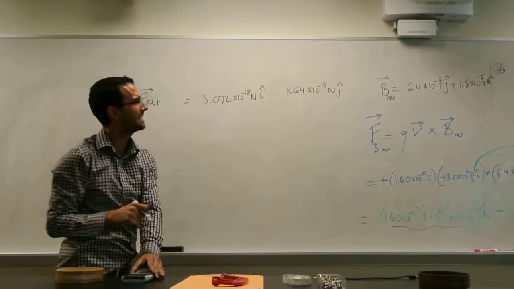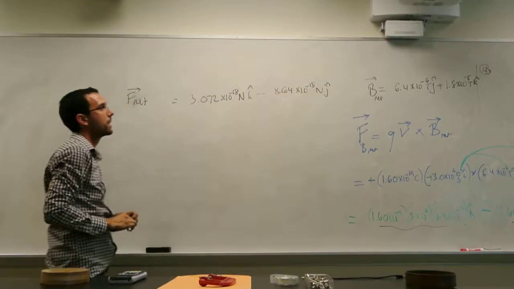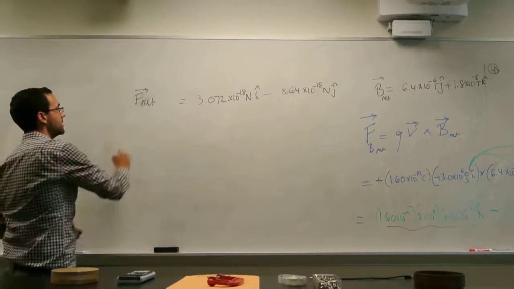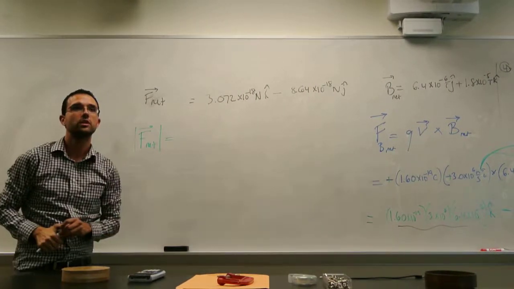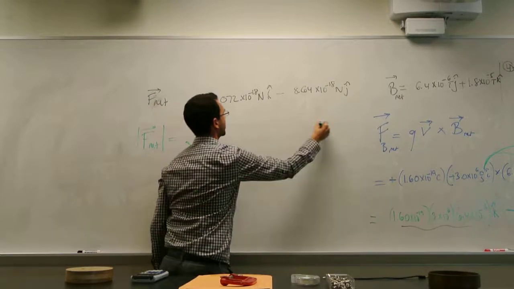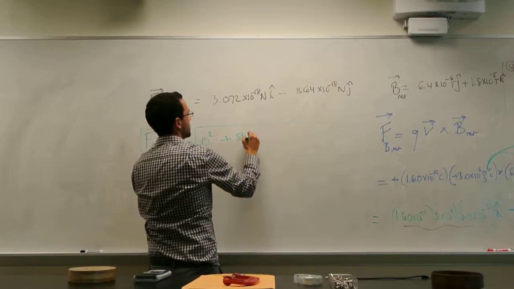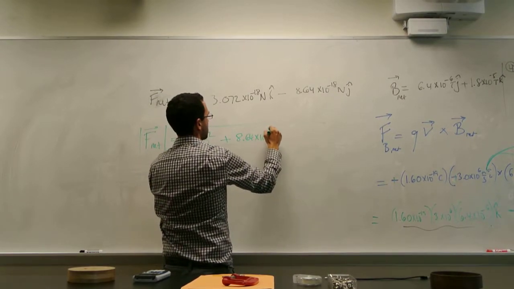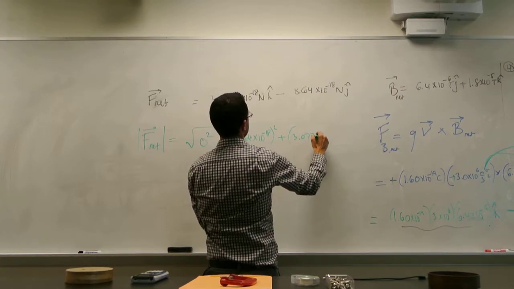And of course, technically speaking, you have to rearrange the order, right? Because the J comes before the K. Now, it's asking for the magnitude of the net force. How would I find the magnitude of the net force? Square root. Yep, so square root of the x component squared, which is 0, plus the y component squared, which is 8.64 times 10 to the minus 18 squared, plus the z component squared.